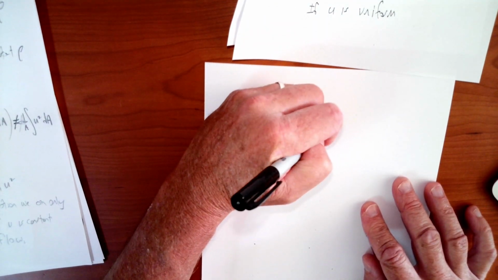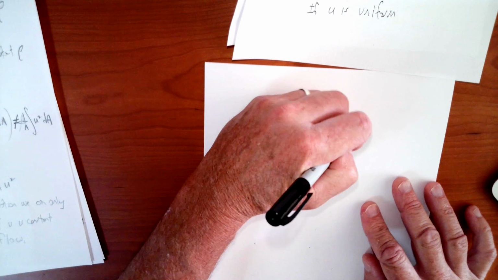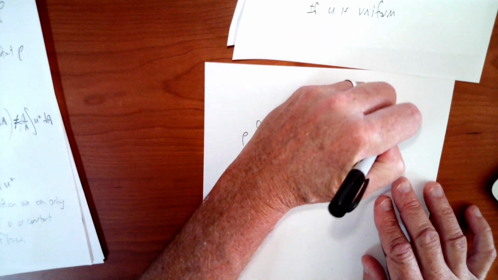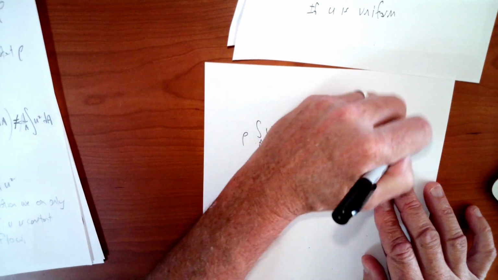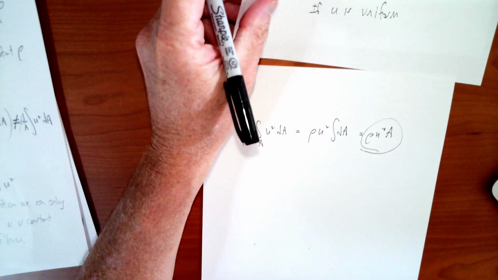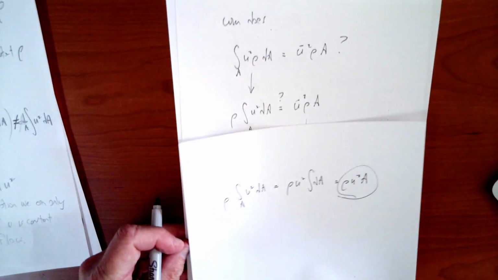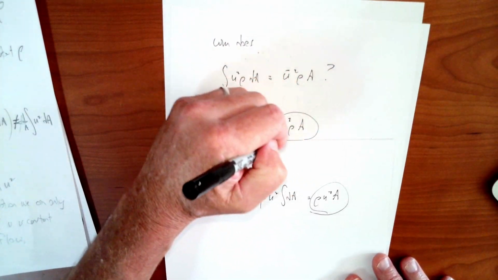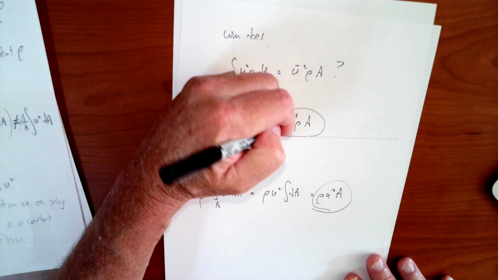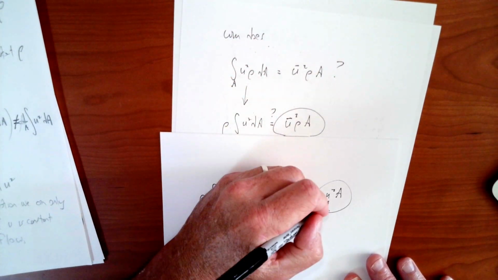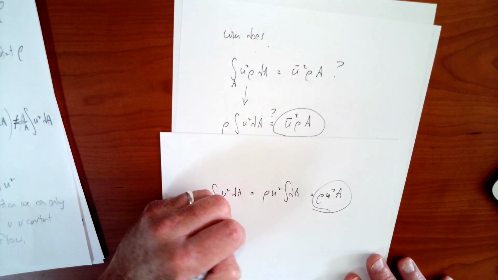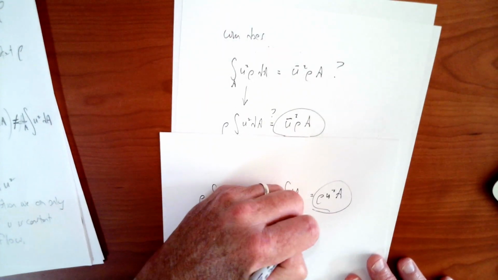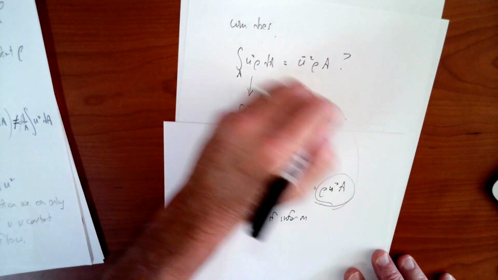Well, rho u squared dA is simply rho u squared A. So that's that. And if you look back, the question was, does this integral equal u bar squared rho A? And of course, if u is constant and uniform, then u bar equals u. So clearly, these are the same.